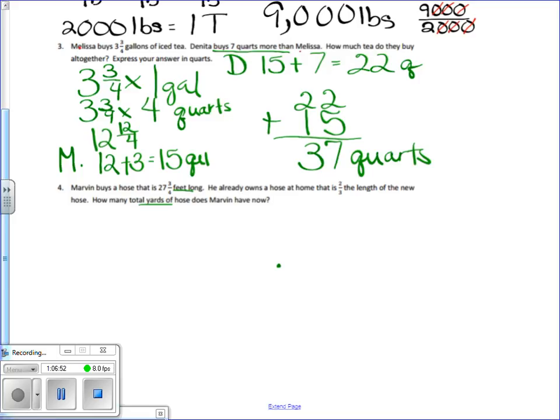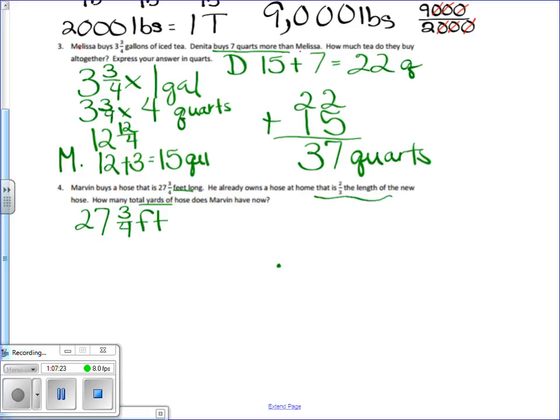Again, a multi-step problem. So he buys a hose that is 27 3/4 feet. So I'm going to go ahead and change it to yards already. He already owns a hose at home that is 2/3 the length.